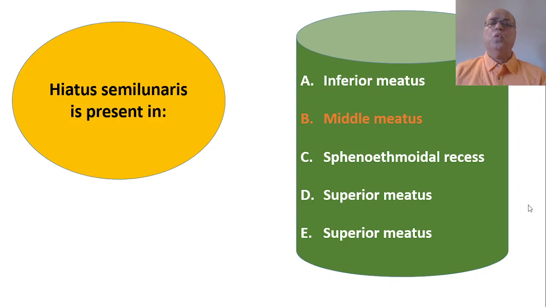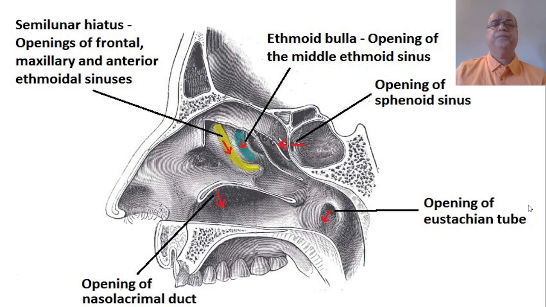Now, the infundibulum is an air containing space bounded by the uncinate process, where my cursor is moving medially, and on the other side is the orbit. This is the lateral nasal wall and we are looking at it from the inside of the nose. This is the right nasal cavity, and we are looking at the lateral nasal wall.